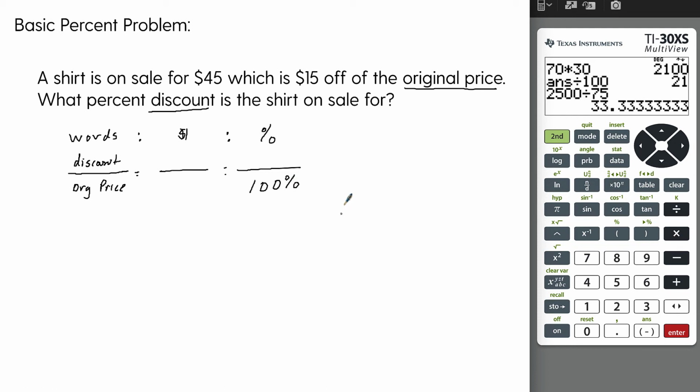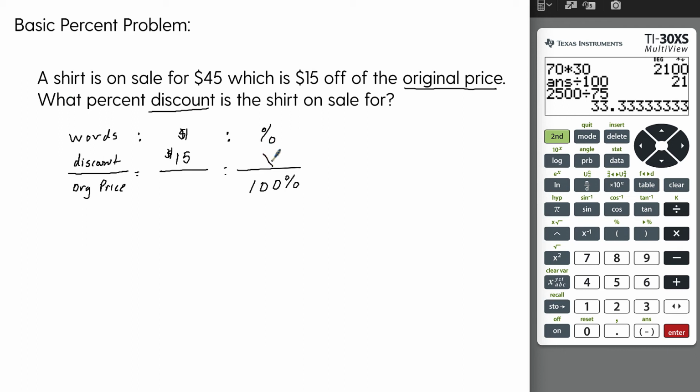Now this problem is kind of tricky. Hopefully you can recognize the discount. It says it's $15 off, and it says it's on sale for $45. But notice we don't have sale price. We have discount and we have original price. So we can put 15 here. What we know right here is what percent discount.